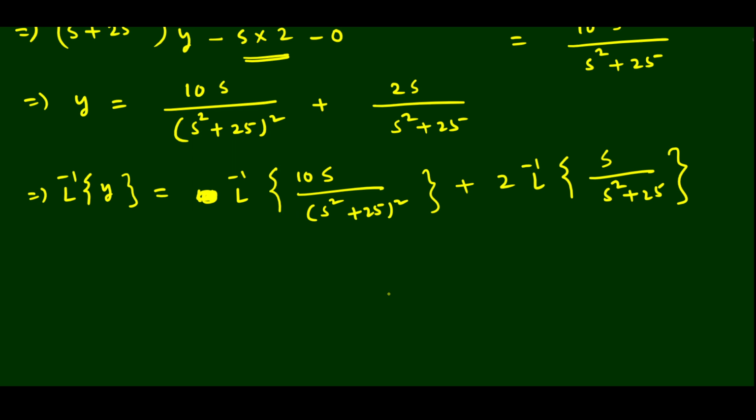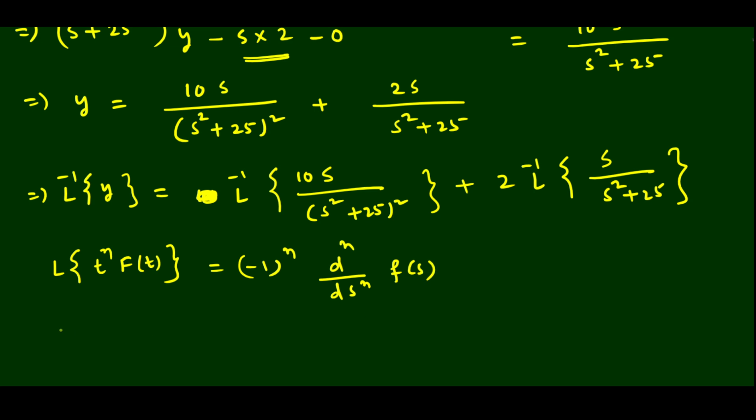Okay. So for this, what to do? We have to use one formula. I think you know that Laplace transformation of t to the power n, f of t, is minus 1 to the power n, d to the power n by ds to the power n, Laplace transformation of f of t, or you can write small f of s.